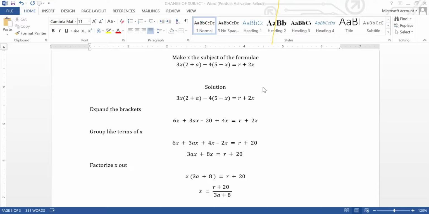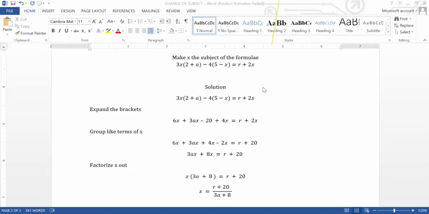So when you factor out the x, it will give you x into bracket 3a plus 8, which is equal to r plus 20. So furthermore, you want x to stand alone. So you divide both sides by 3a plus 8.